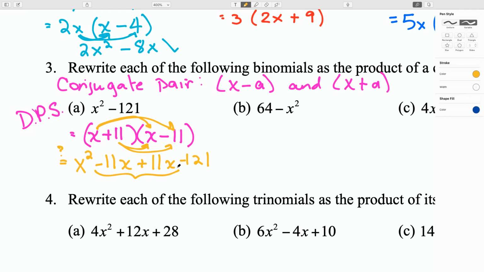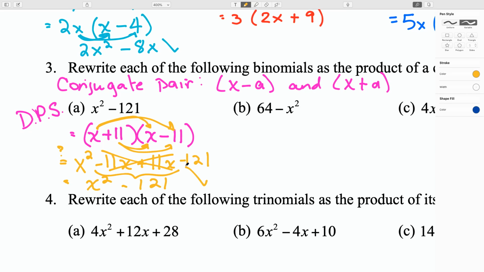These two terms in the middle are called like terms. And when we combine a negative 11x and a positive 11x, or when we add them, we get 0. So these two terms are equivalent to 0. So what are we left with? x squared minus 121, we are correct.